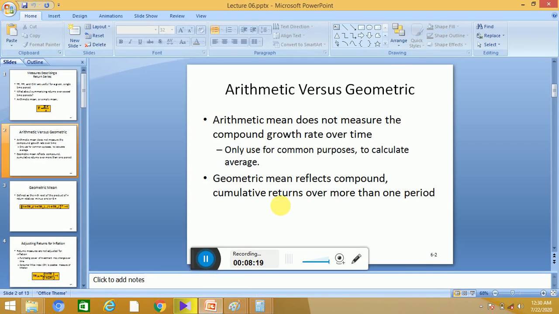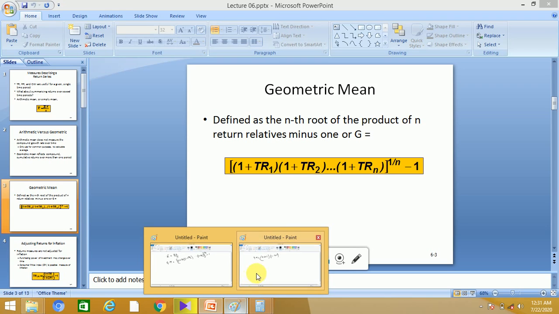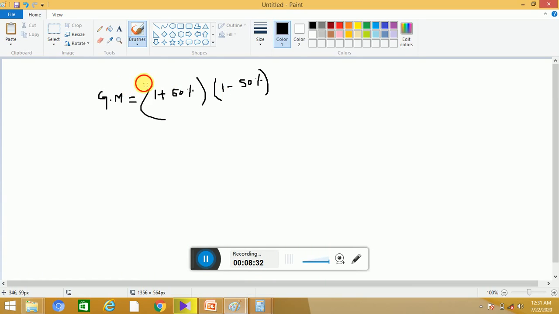See the formula: 1 plus total return 1, 1 plus total return 2, and so on, 1 plus total return n, bracket closed, raised to the power 1 over n. So we have 2 periods, so 1 divided by 2, minus 1. Now use the calculator. 1 plus 50%, 1 minus 50%, raised to the power 1 over 2.